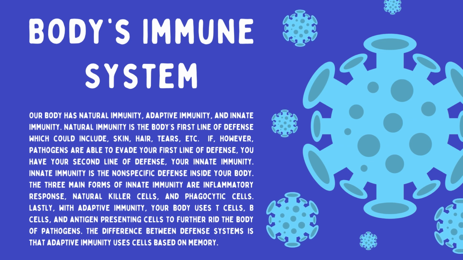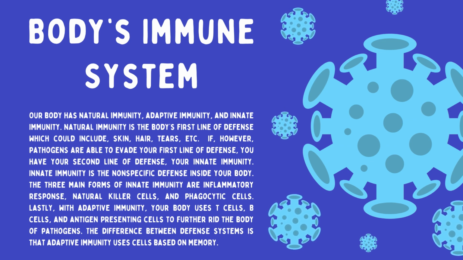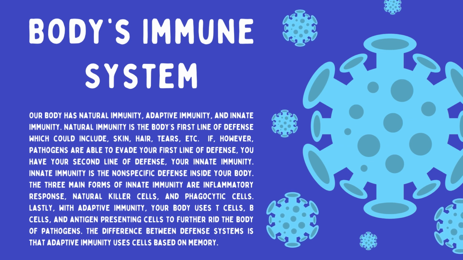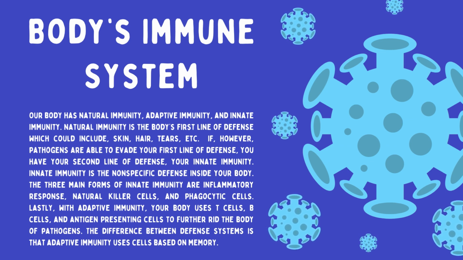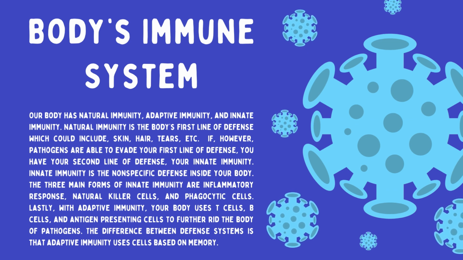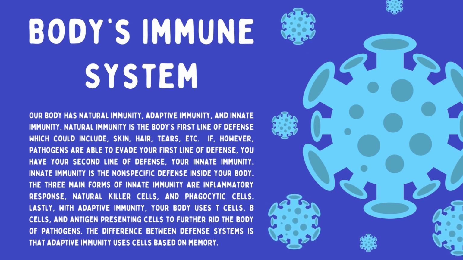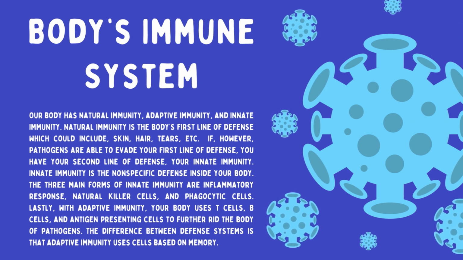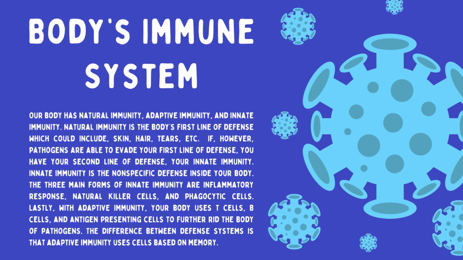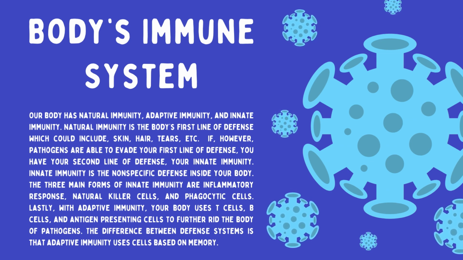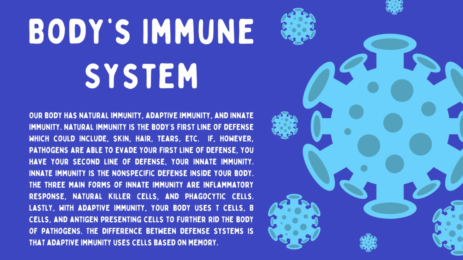However, with that being said, going on to our second line of defense would be our innate immunity. So with our innate immunity, it's going to be a non-specific defense inside our body. So by non-specific, I simply mean that the cells that are used in the innate immunity second line of defense are going to be cells that basically kill any cell that is identified as non-self.